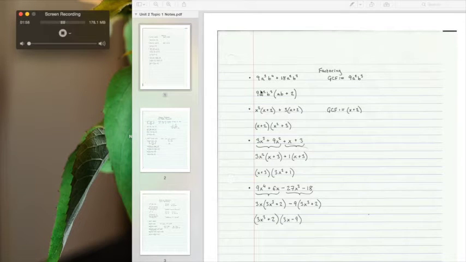These first two examples describe the basis of the process of factoring. This third example here involves something a little bit more complicated. If you look at this whole expression here, 3x to the third plus 9x to the second plus x plus 3, I don't have any factor that's common to all four terms.